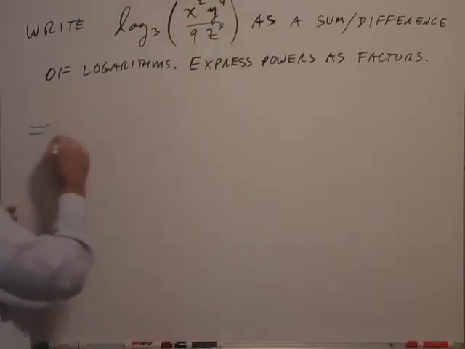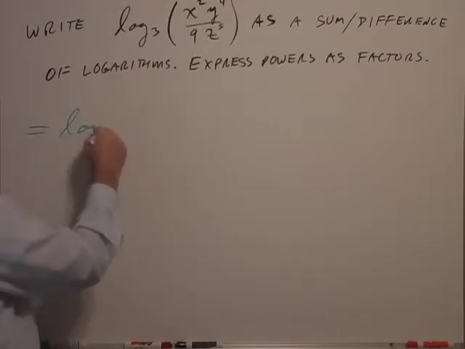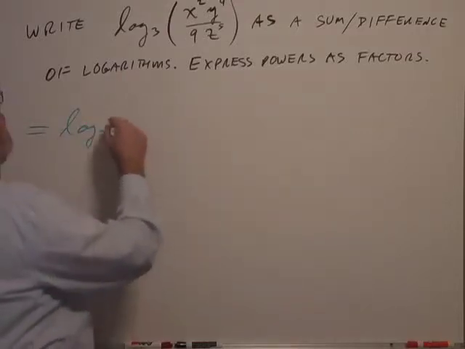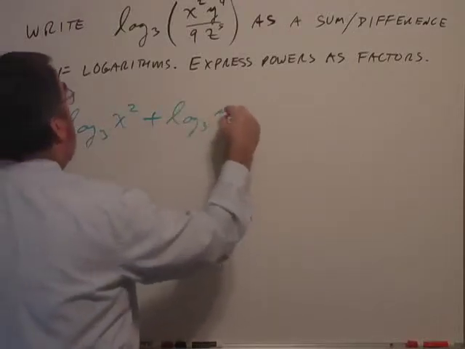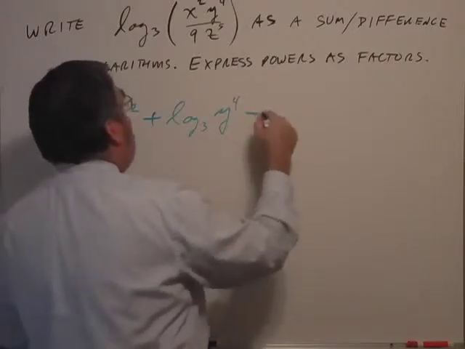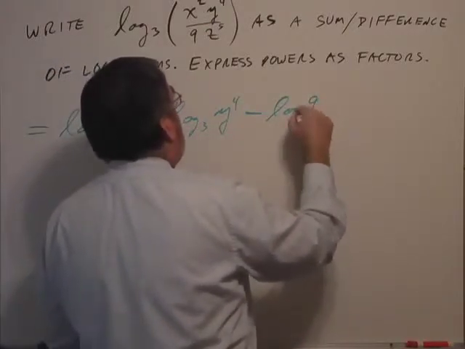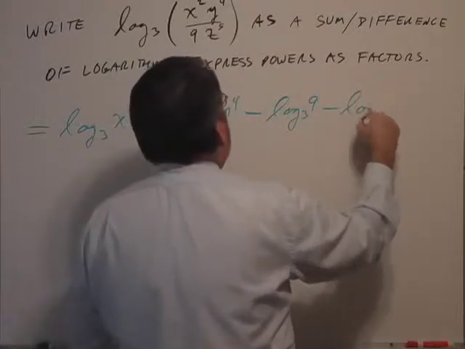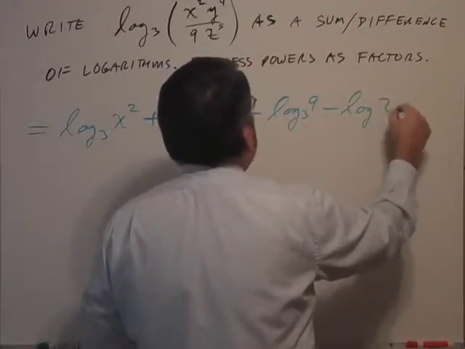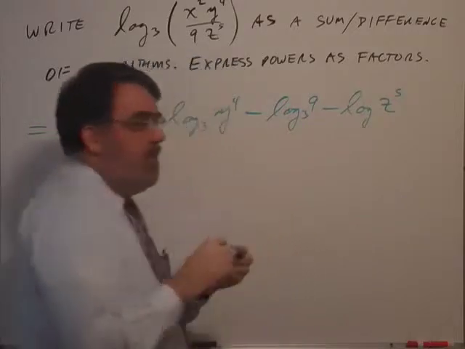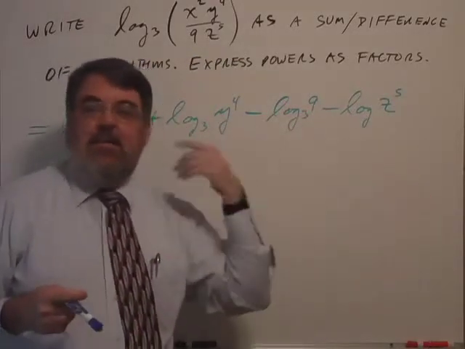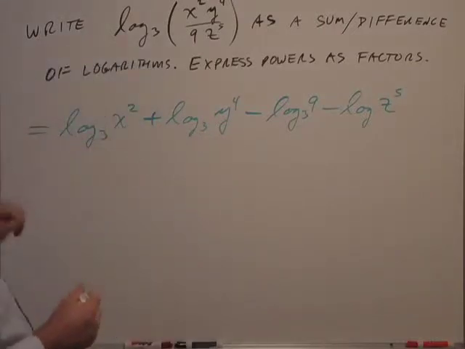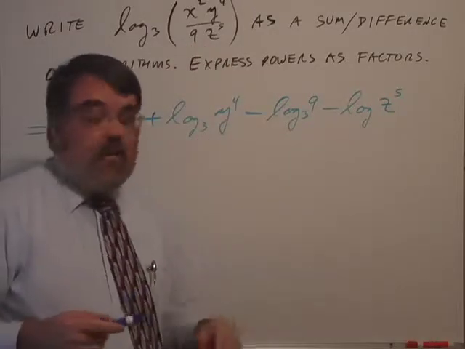So we end up with log base 3 of x squared plus log base 3 of y to the fourth, minus log base 3 of 9, minus log base 3 of z to the fifth power. So I split up the multiplications and divisions into additions and subtractions, and since these are in the denominator, they both got subtracted.